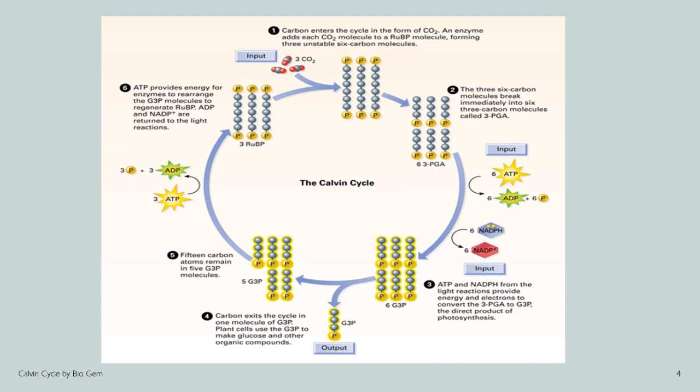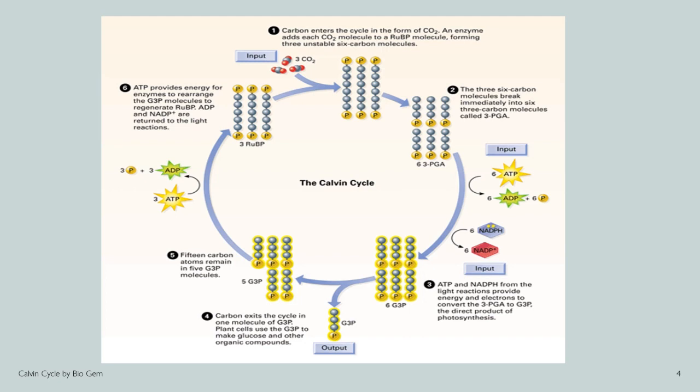So what we get is basically glycerate 3-phosphate, the main product of the Calvin cycle. There are six molecules of glycerate 3-phosphate and one is always the output. The other five are then used to regenerate RuBP.